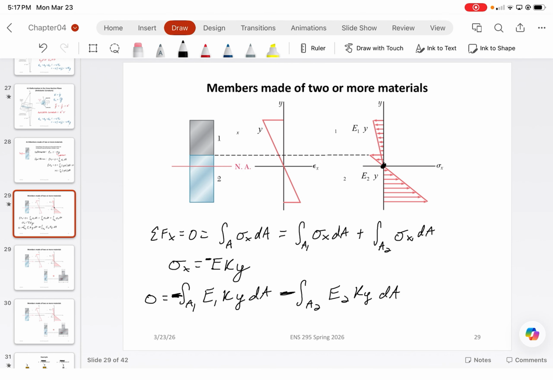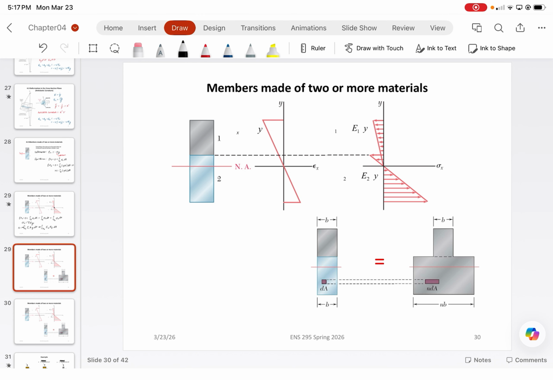Here for bending members, we need to define a new term where we define an equivalent cross-sectional area to provide an equivalent amount of stiffness. It's a little weird. For axial members, it's less prevalent, but you guys did deal with this.